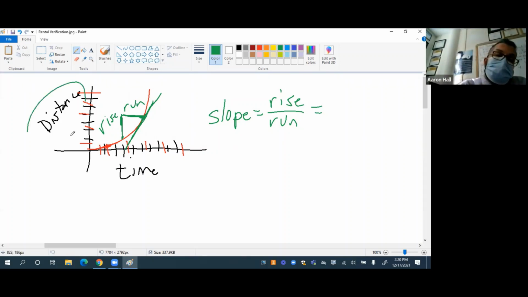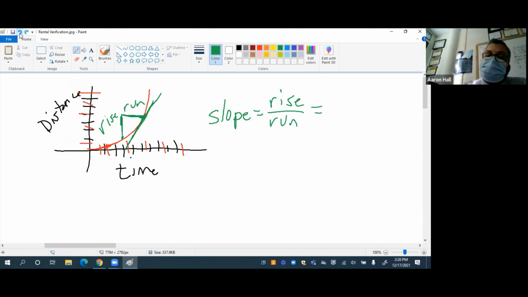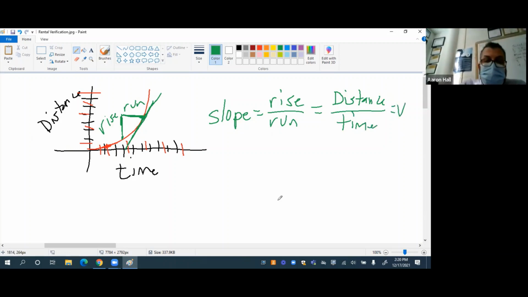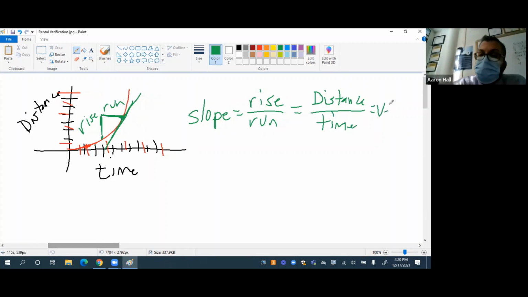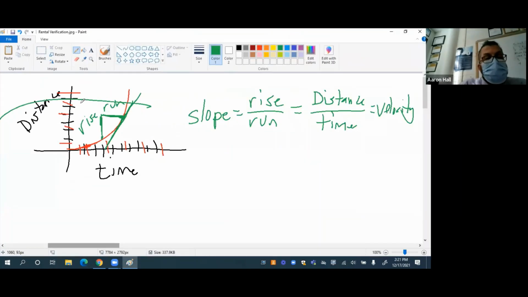What kind of quantity are we talking about that is distance over time? Yeah, distance over time is speed, and in this case, we'll just call it velocity. So we're talking about velocity. The slope of a distance time equation is velocity. One more time, the slope of a distance time equation is velocity.